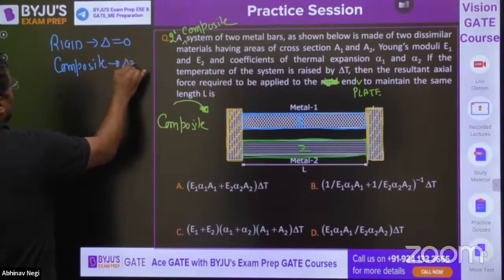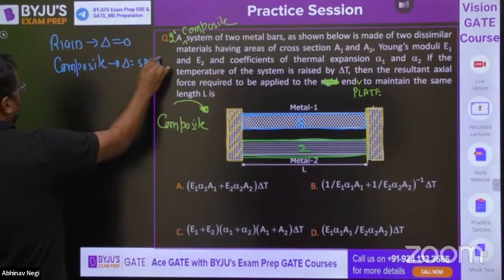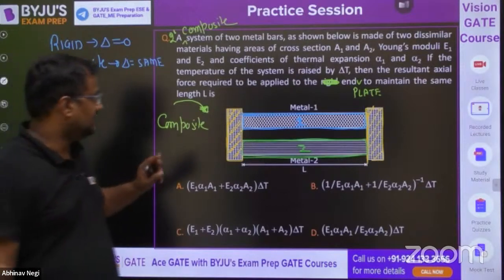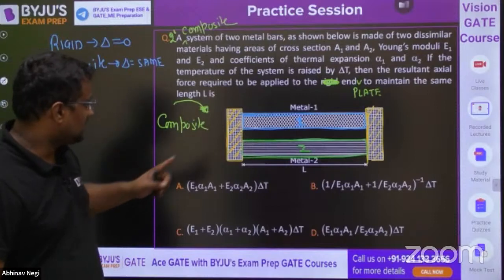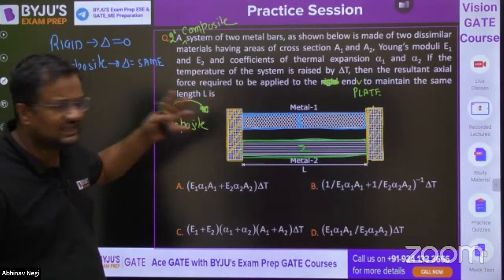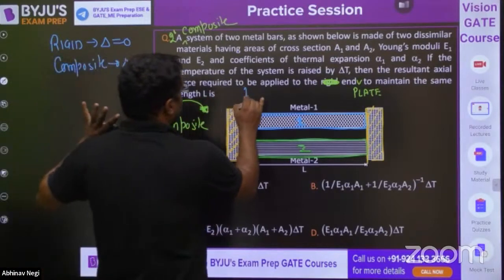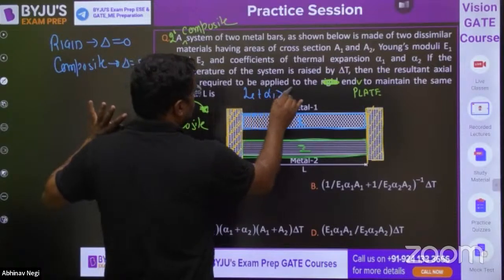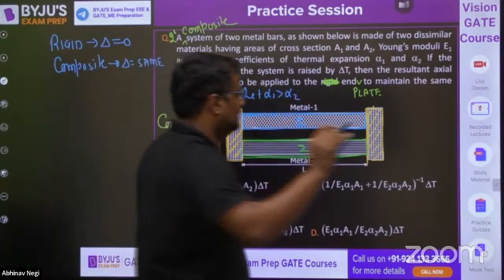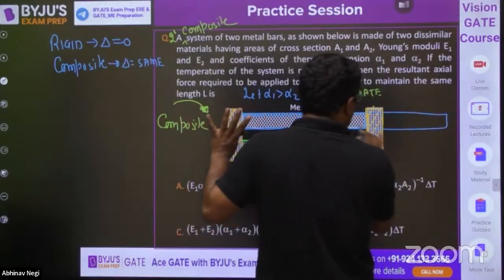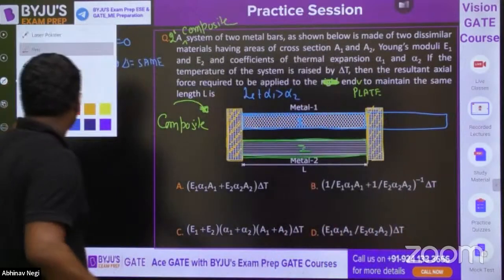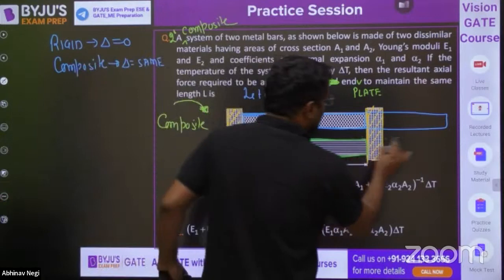it means delta is the same. So if they were free, the coefficients of thermal expansion are alpha 1 and alpha 2. Let alpha 1 be greater than alpha 2. If they were free, then here there would be more elongation and here less elongation.